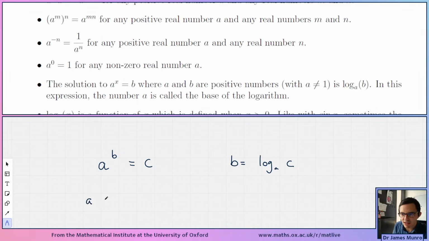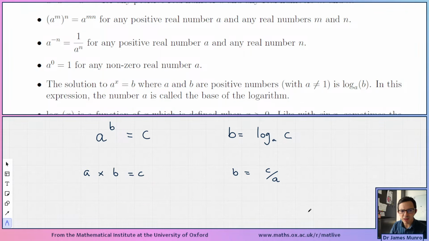If I had a times b equals c, then you've seen this so many times that you know that you could write b as c divided by a. Maybe you even have a visualization in your mind of how the a moves from the left-hand side onto the right-hand side. Of course, if you have a plus b equals c, then you've really got this kind of mental image, perhaps, of how the a moves onto the other side and there's a minus sign.